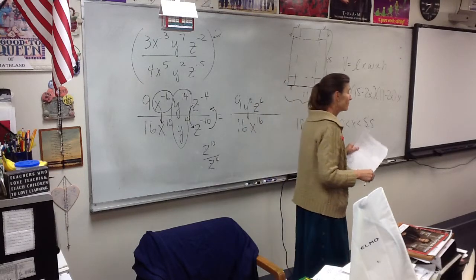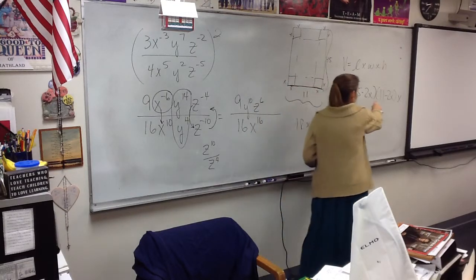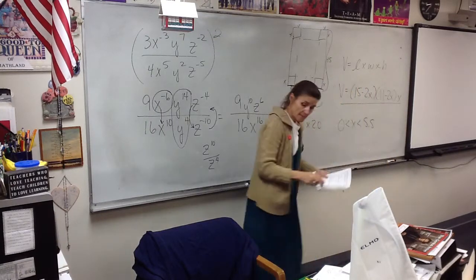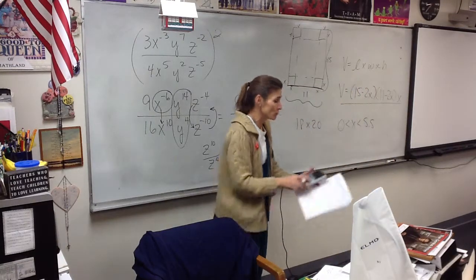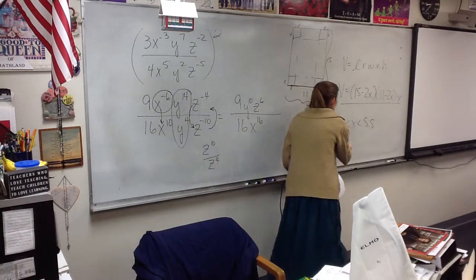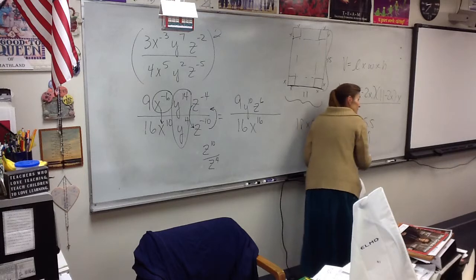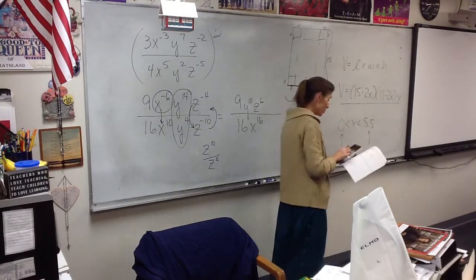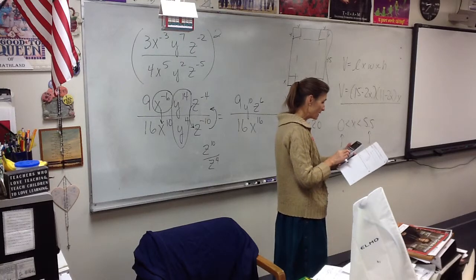Now we're going to graph this equation in our calculator. You don't have to multiply it out. You can just graph that. Let's get it set up right first. Go to your window. That's x min and max. So x min is 0. X max is 5.5.